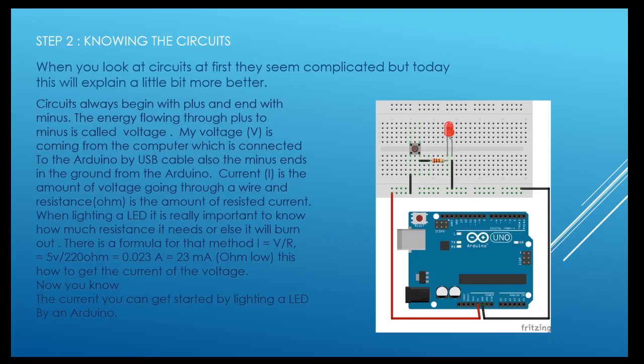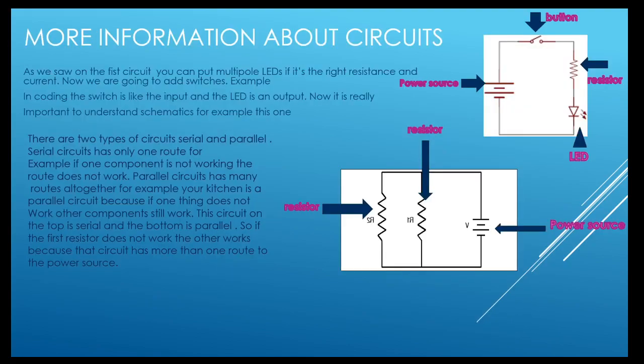This is how to get the current from the voltage. Now that you know the current, you can get started lighting an LED with an Arduino. By doing that, you need a resistor, figuring out how much. So this is going to be 23 mA. That's resistance. So, next page.